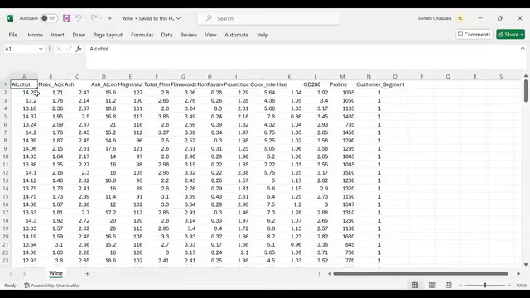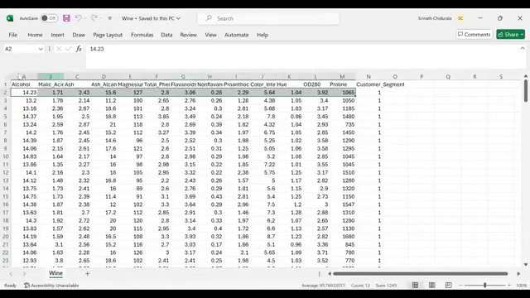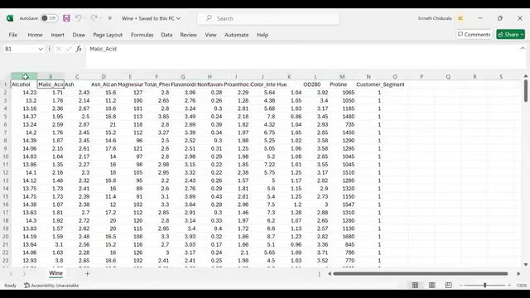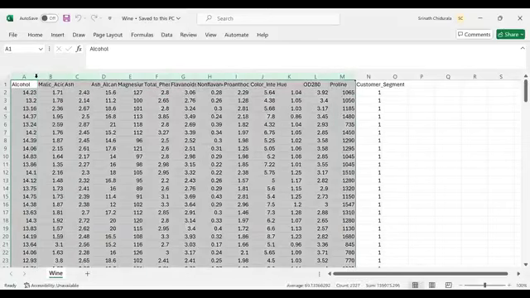There are different kinds of wines. We have around 178 different wines and the composition of those wines, such as the alcohol content, malic acid content, and so on, in each of the wines.